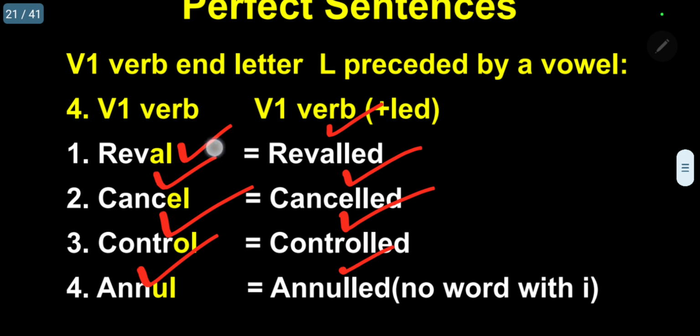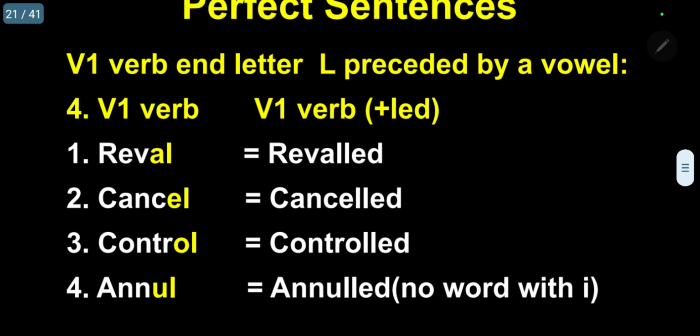So here the vowels are A, E, O, U. Unfortunately, I could not find a word ending in L preceded by the vowel I in the Oxford Dictionary, so I cannot give it here. Okay, the next one.